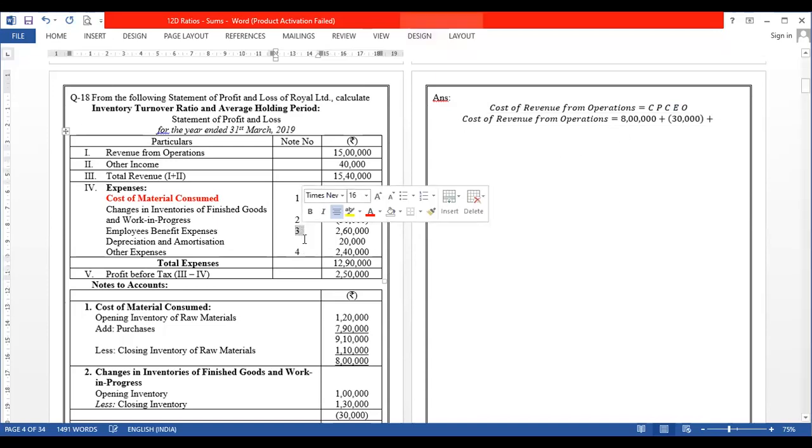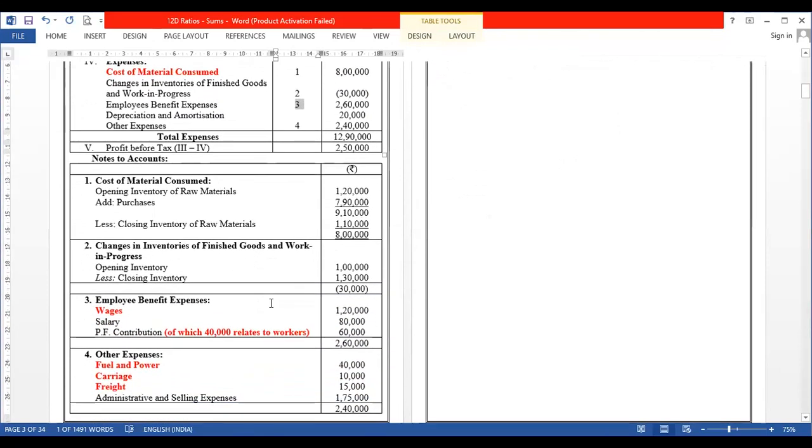Yes, sir. Okay, so let us go to E part, that is note number 3. Note number 3 can be seen over here. I have already marked it with red. Wages is given to us. Wages is a direct expense, and we can see that PF contribution total is 60,000, out of which rupees 40,000 relates to workers.